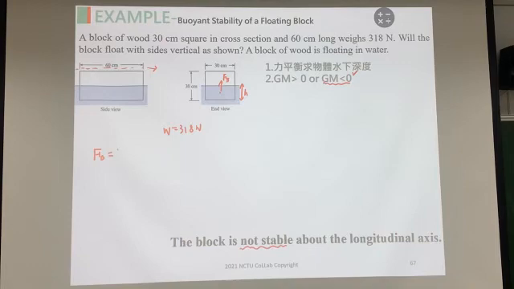And we assume the liquid is water, and we need to multiply by the displaced volume. But we didn't know the h, so we don't know the true answer for the displaced volume. So here the gamma w, and the width is 30 centimeters, so 30 centimeters is 0.3 meters.